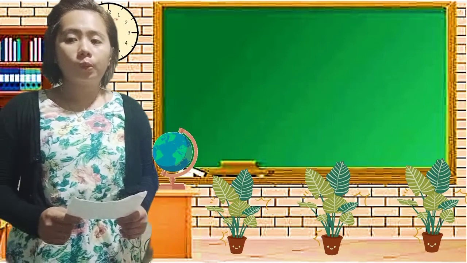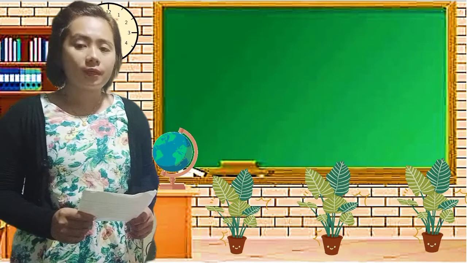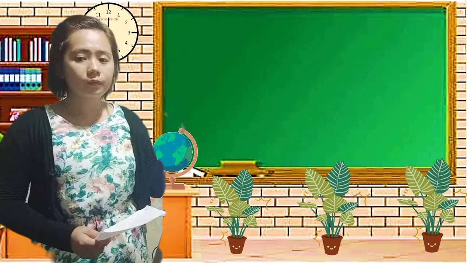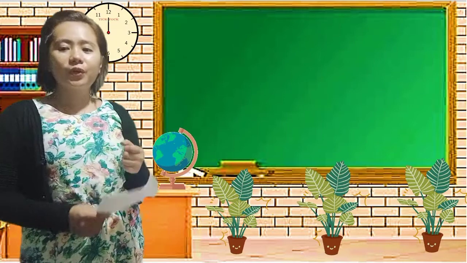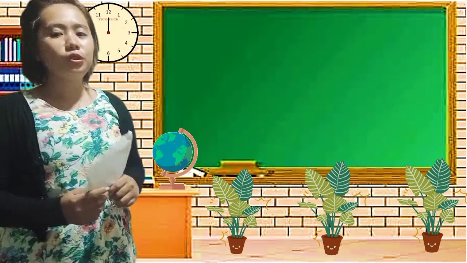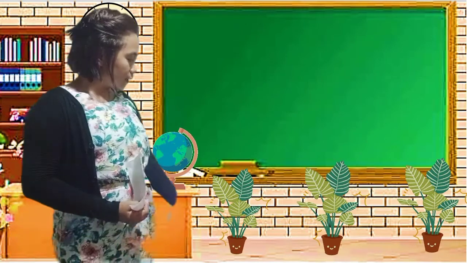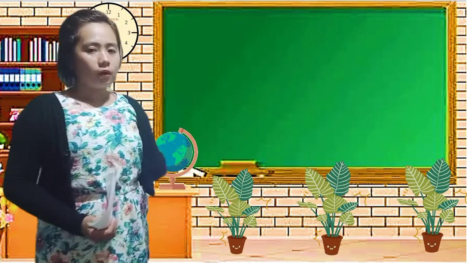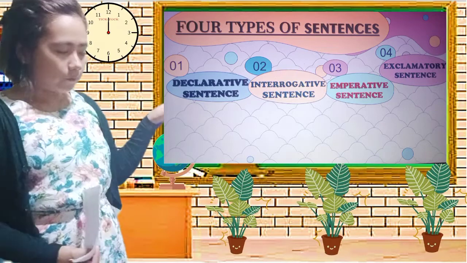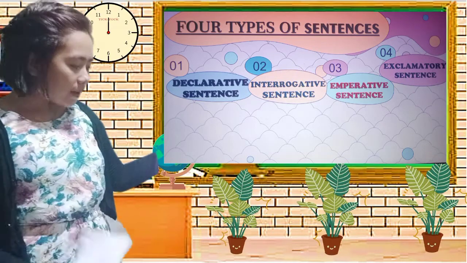Anybody who can tell me what you noticed with the following sentences? Okay, very good observation. Now, let me introduce to you the 4 types of sentences. First, we have declarative sentence.